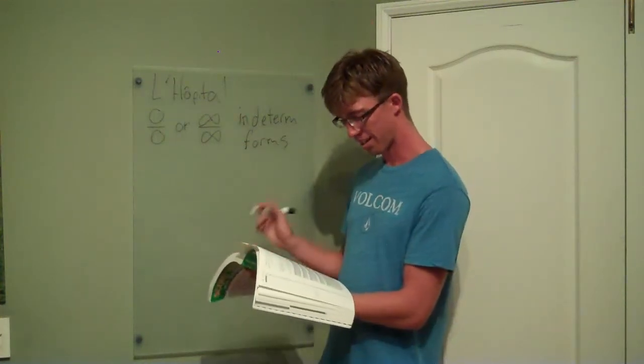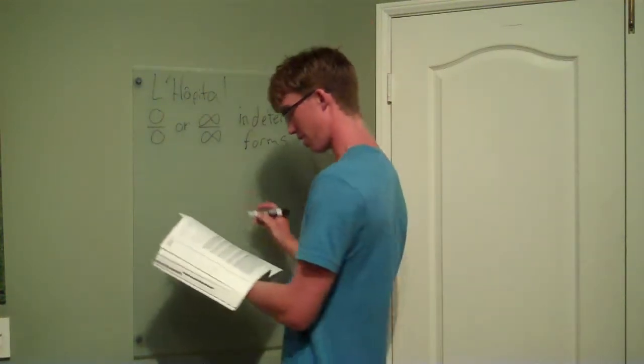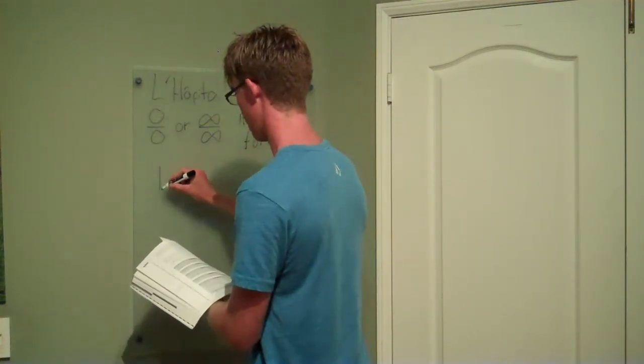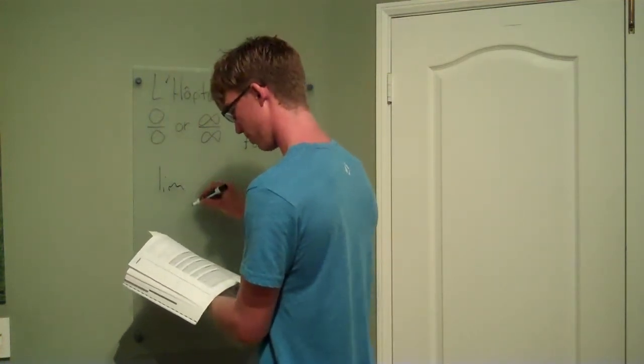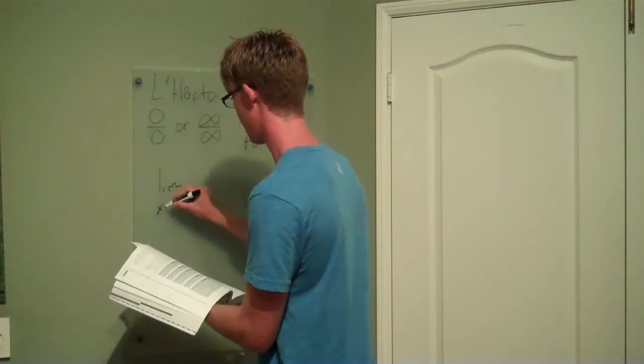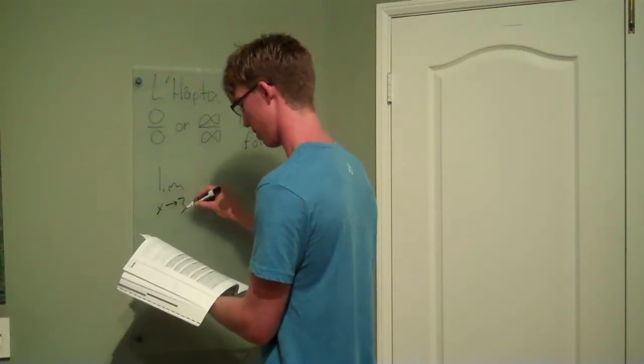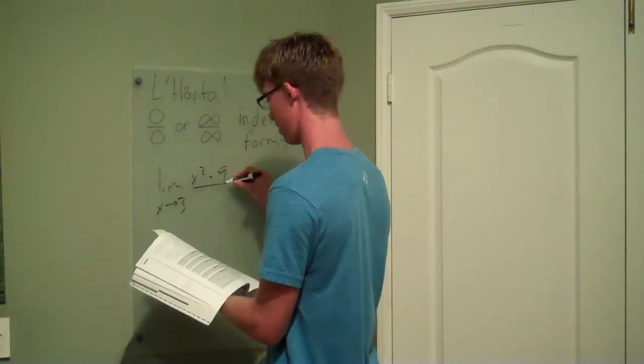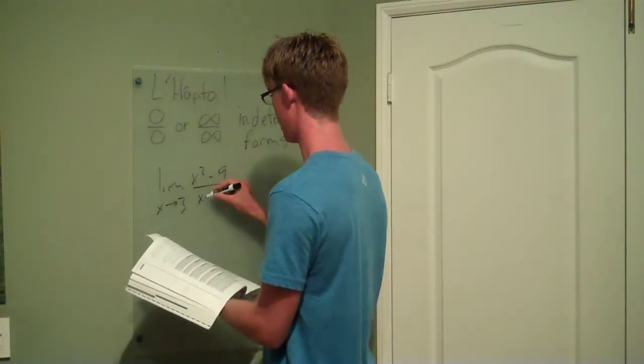And so, a quick demonstration, which you probably don't need, as such. Limit as x goes to 3 of x squared minus 9 over x minus 3.